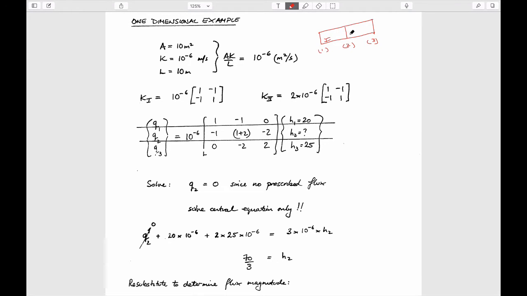We called these two elements by Roman numerals. We had some boundary conditions that were applied upstream and downstream of head.